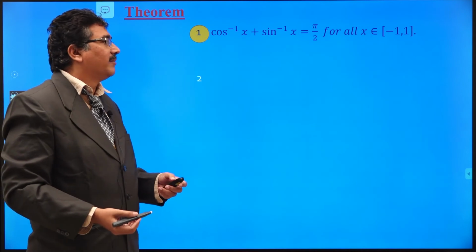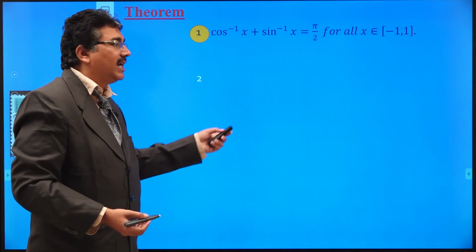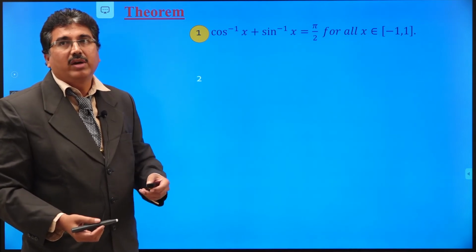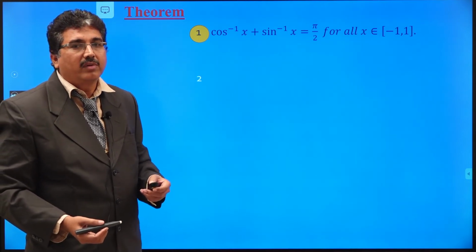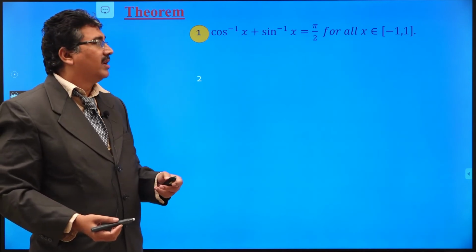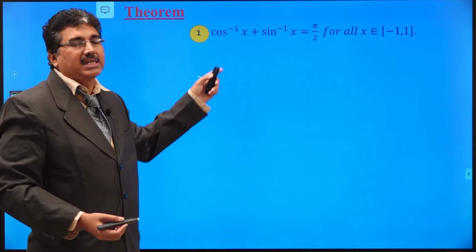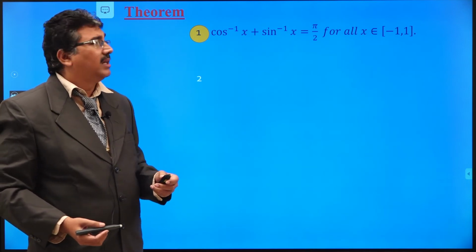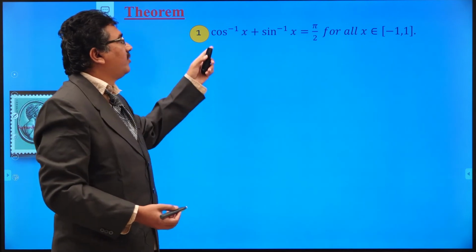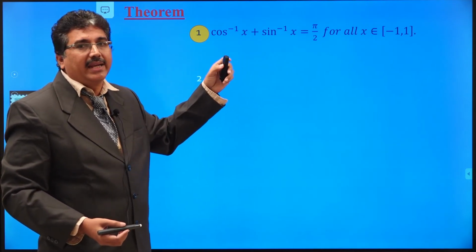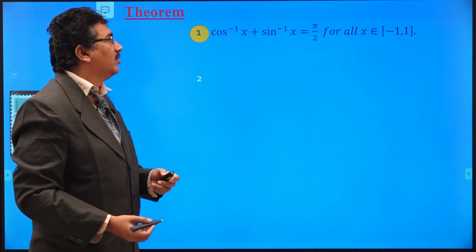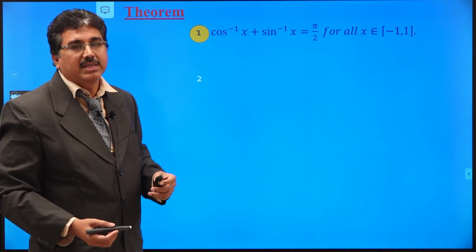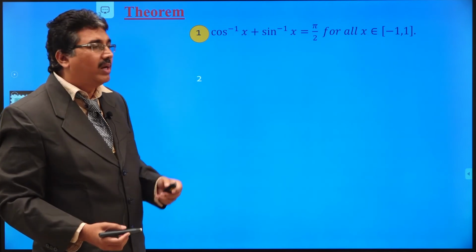Previously we saw the relation sin inverse x equal to cos inverse square root of 1 minus x square. There is another relation between cos inverse and sin inverse. The value of cos inverse x plus sin inverse x is equal to pi by 2 for all x belonging to the closed interval minus 1 comma 1.